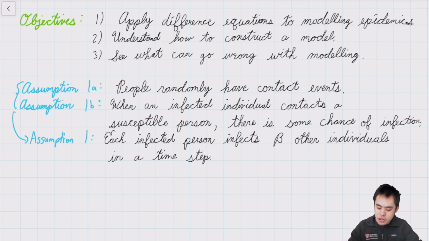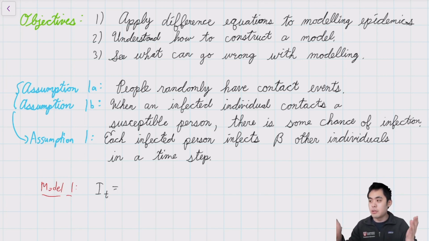Okay, so if we just have these assumptions, well, let's try to build a model off of just this one assumption. So we have some I sub t, which is the number of infected individuals, and that's going to be equal to I sub t plus beta times I sub t, since infected individuals stay infected, since we haven't described otherwise, and beta I sub t is the number of additional individuals that they infect over a time step.